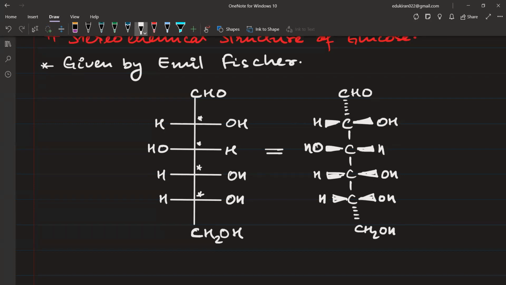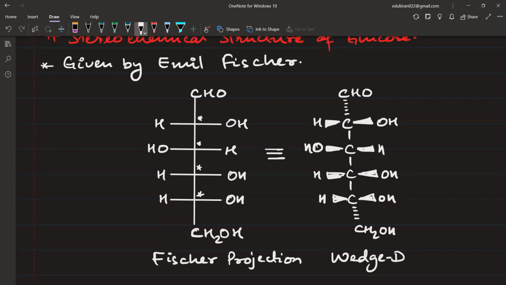Equivalent का साइन होता है ये 3 लाइन जो होता है ना, इसका मतलब होता है equivalent. Okay. This is known as Fischer projection. This is the wedge dash formula. Wedge का मतलब होता है above the plane, dash का मतलब होता है below the plane.